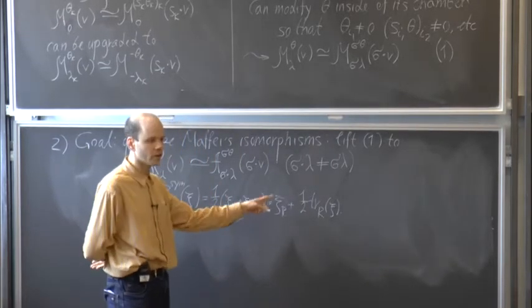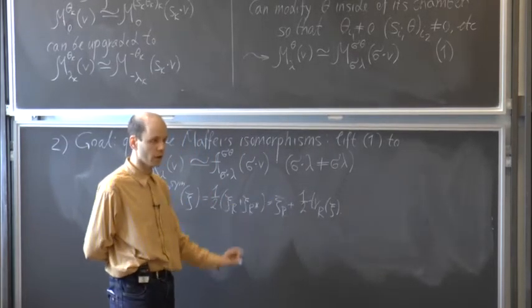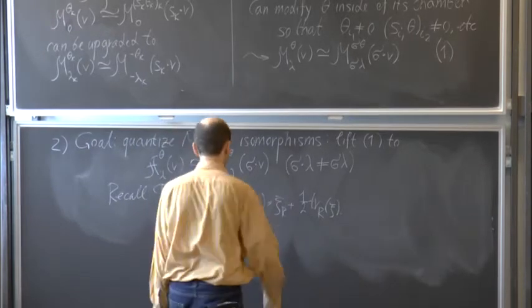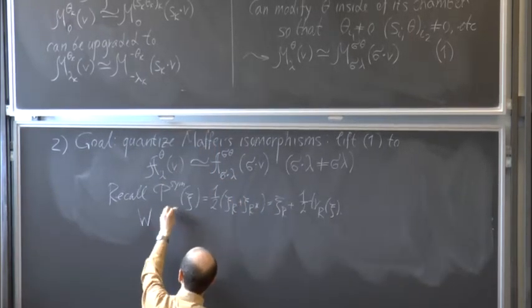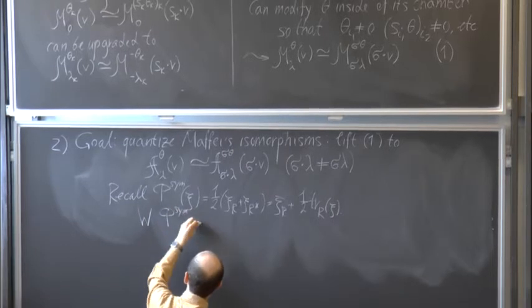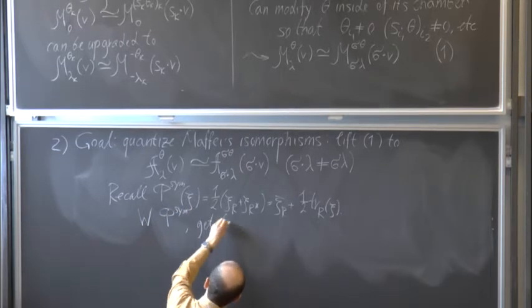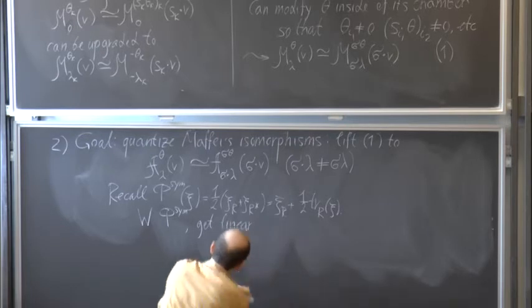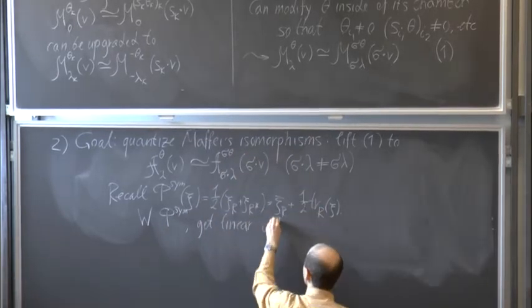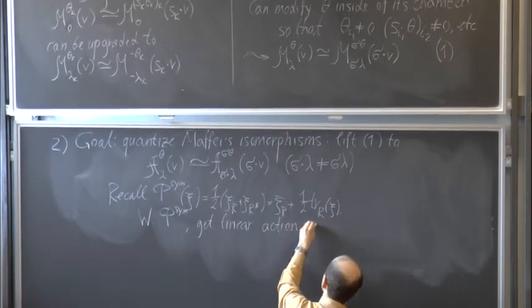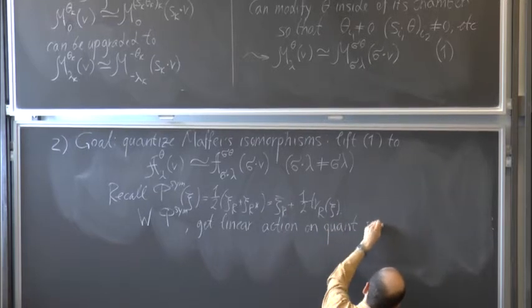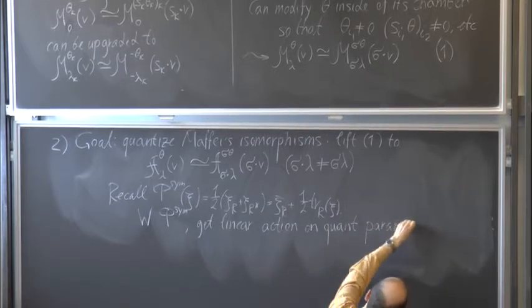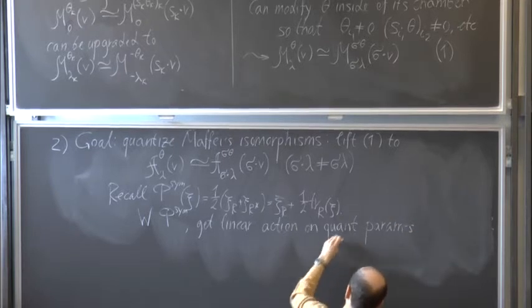Now this is a canonical one, and when I use a canonical one, the action on parameters becomes linear. So with phi sim, I get a linear action on quantization parameters as before.